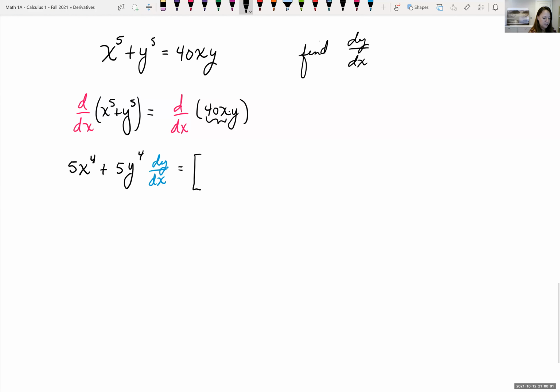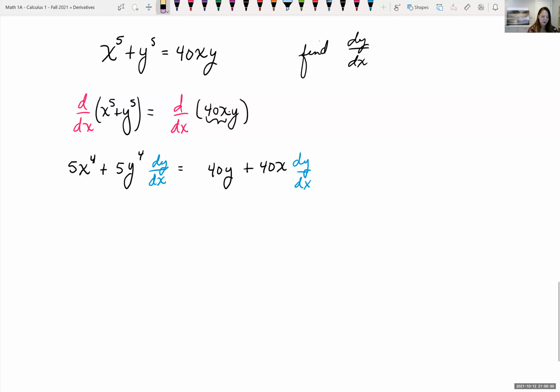The derivative of 40x is just 40 times the second, y, plus the first, 40x, times the derivative of the second. The derivative of y is 1, but y is a function of x, so I have to write dy dx. I don't need those brackets there technically.